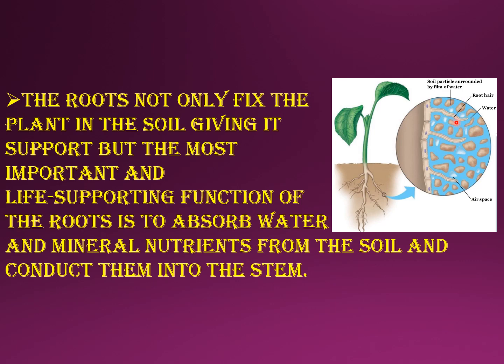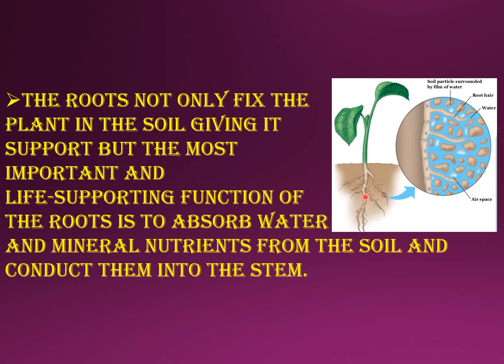Now, let me tell you the function of the primary root. The primary root fixes the plant firmly in the soil. The lateral roots and the root hairs help in absorbing water and minerals from the soil. As we all know, there are conducting tissues in plants.